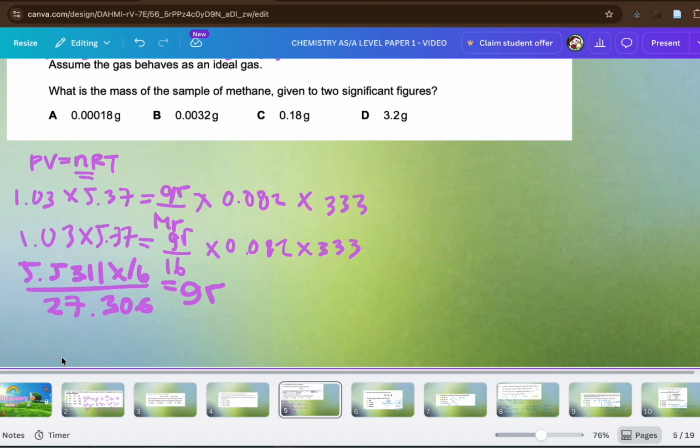Next, we will count: 5.5315 multiplied by 16 is 88.4, divided by 27.306 is 3.24, which gives us the answer D.